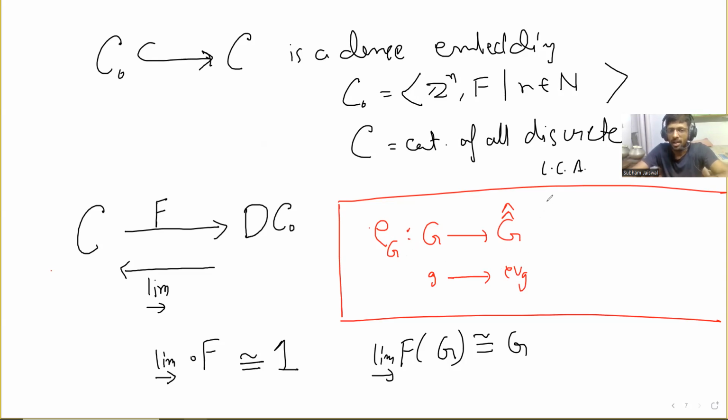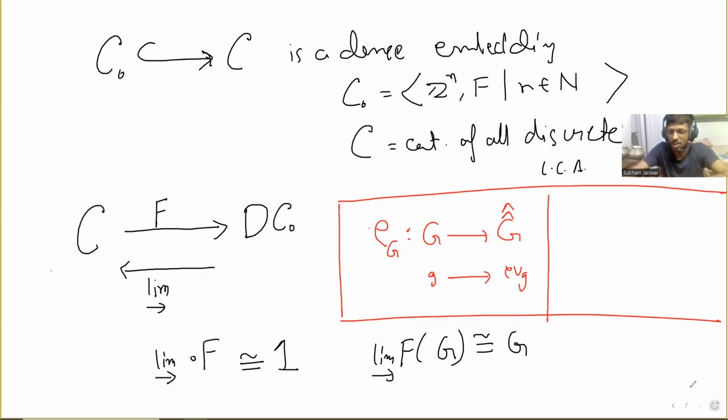This evaluation map can be thought of as a natural transformation between two functors. Because what you're trying to do is show an isomorphism between two objects, but we don't do it like that. We try to show an isomorphism between two functors. That's the better way.